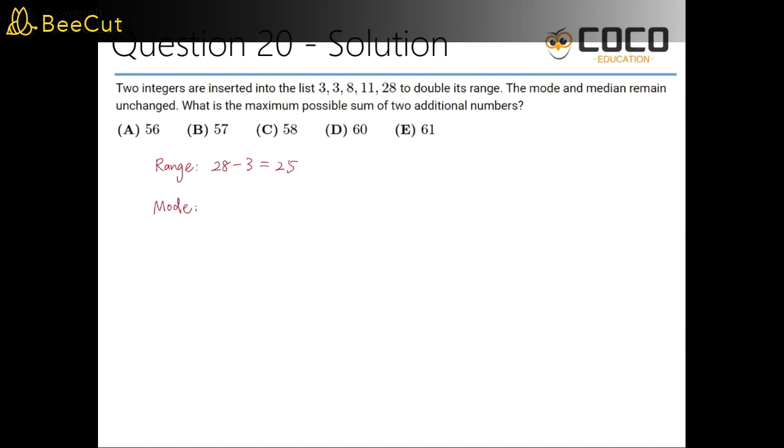Okay. Then we say that the mode and the median remain unchanged. So the mode is the number that appears the most number of times. So look at this sequence, the number that appears the most number of times is the number 3.